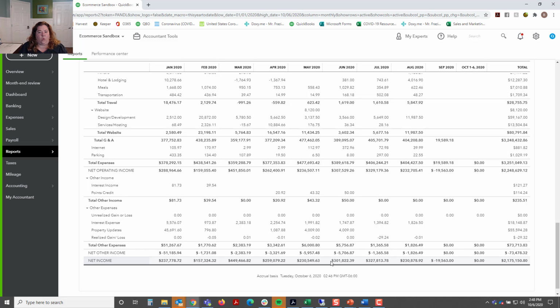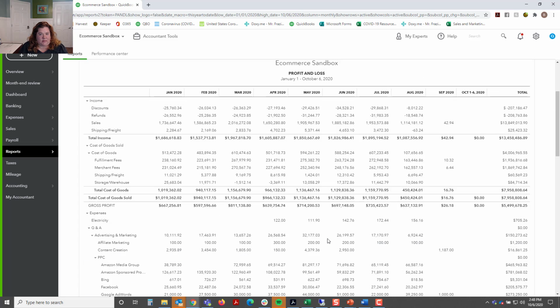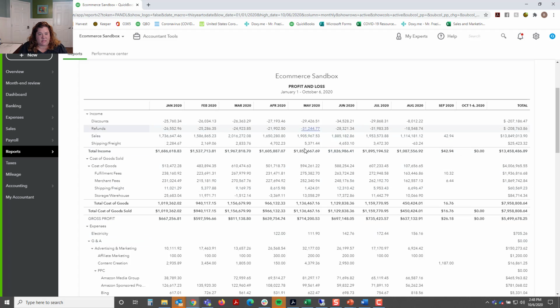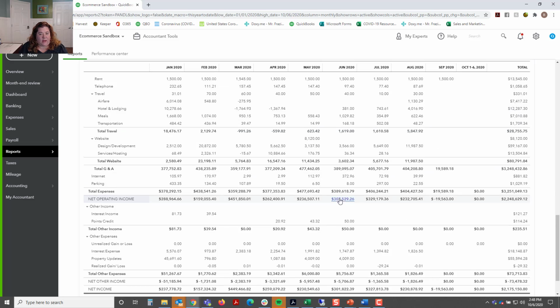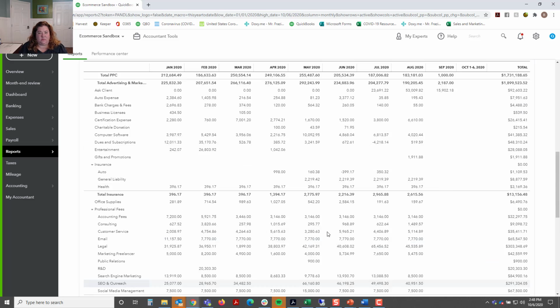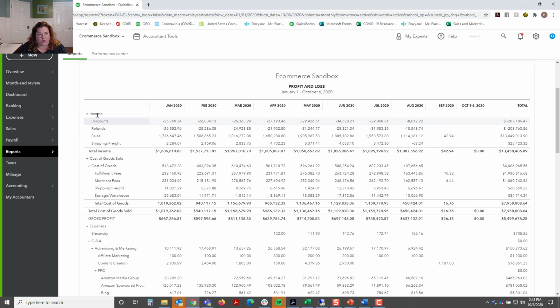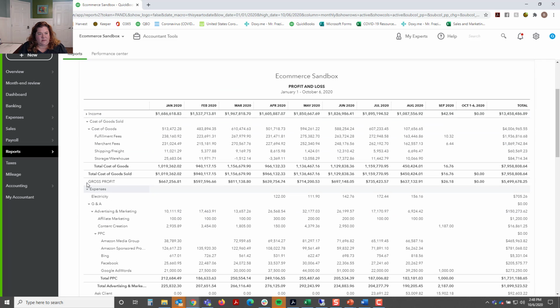So why? Why was this month so much more profitable over this month, even though they were so close in sales? And actually this month was a lot higher in net income. This month was a lot higher in sales, yet this month was the one that had really high net income. Yeah, so you can see how this kind of starts where you have to start being like, what?